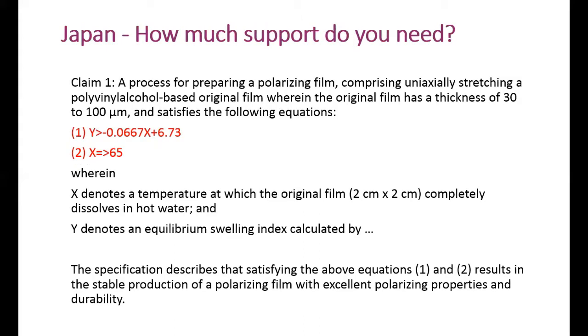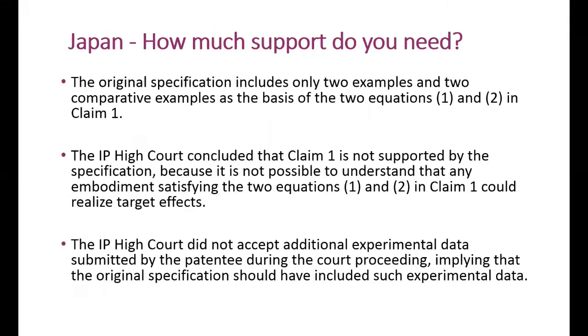So how much support do you need? Here is an example in Japan where it's a process for making a polarizing film, and when the film satisfies certain conditions, you get a stable polarizing film with excellent polarizing properties and durability. The original specification in this case only had 2 examples and 2 comparative examples.